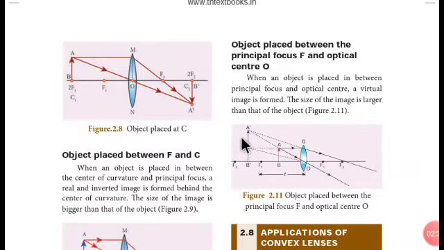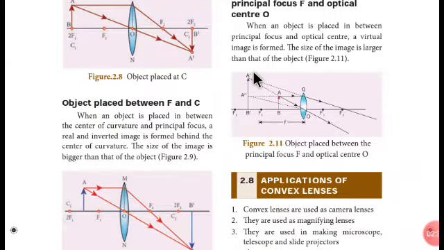This is not a real image. In other 5 cases the images are real and inverted, and here it's not inverted, it is upright. We can't obtain this image on a screen. That's the difference between the 6th case and the remaining 5 cases.